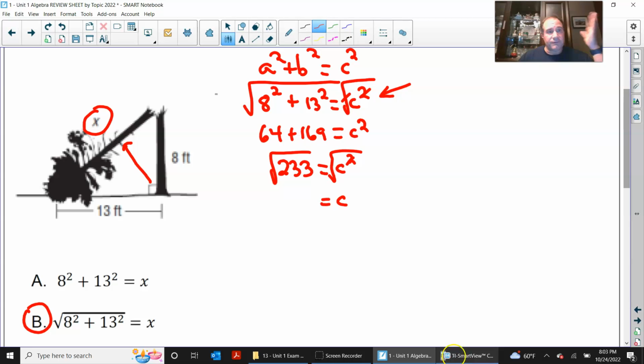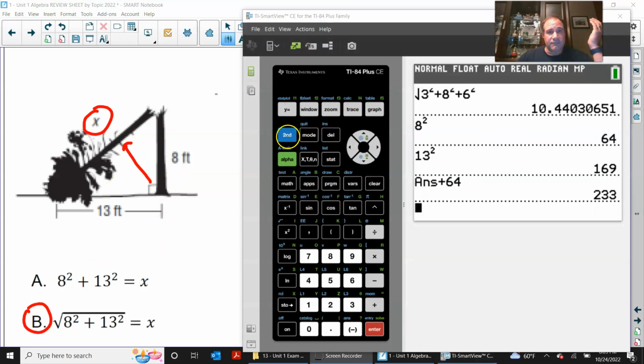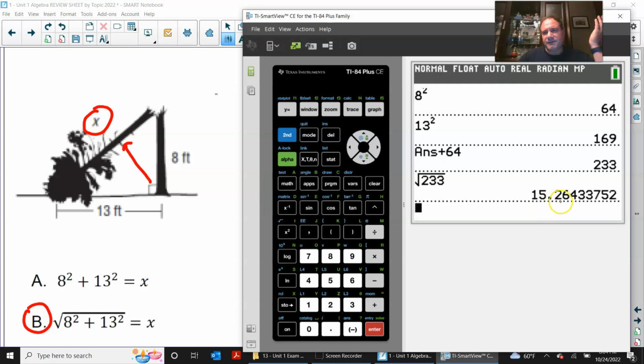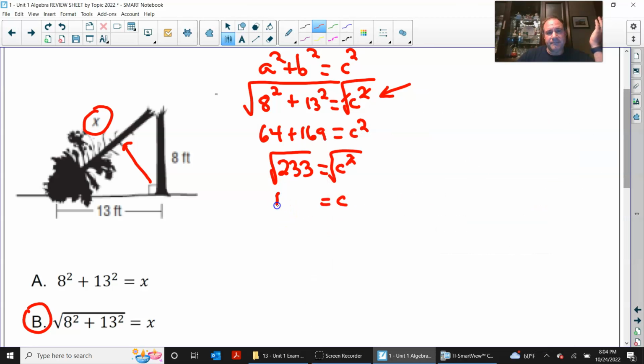But if you were going to find this length and round it, if the question asks you to go further, it's 15.3, rounded to the nearest tenth. But it didn't ask you to do that. So this right here is where you could stop and say, oh, that's this right here. That is your answer.